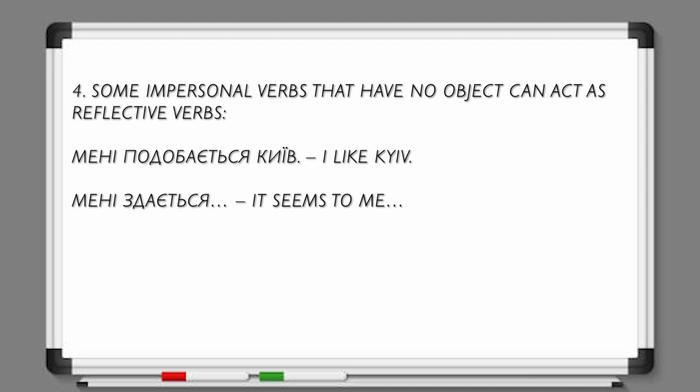Okay, number 4, impersonal verbs. Some impersonal verbs that have no object can act as reflexive verbs. For example, мені подобається Київ. I like Kyiv. Мені здається, it seems to me.